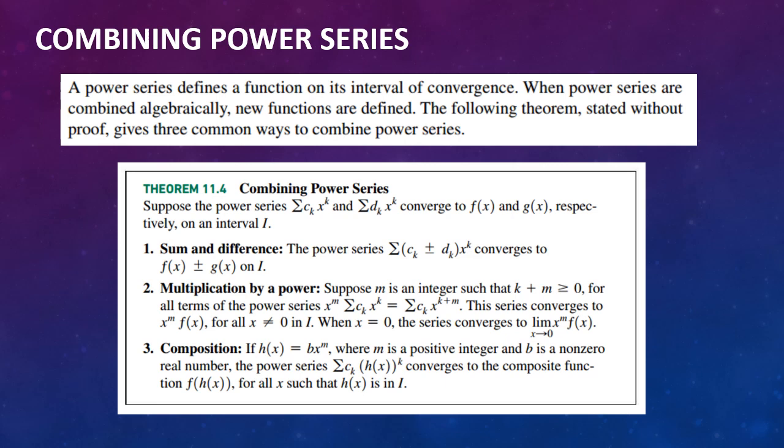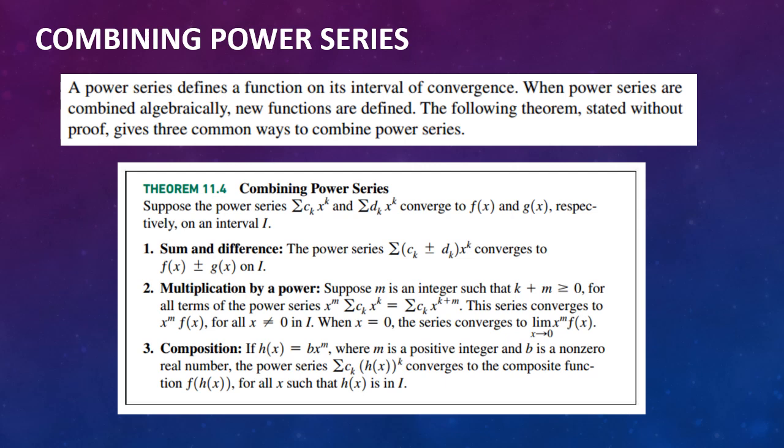Multiplication by a power. Suppose m is an integer such that k plus m is greater than or equal to 0 for all terms of the power series. Then x to the power of m times the summation of c sub k x to the power of k equals the summation of c sub k x to the power of k plus m.